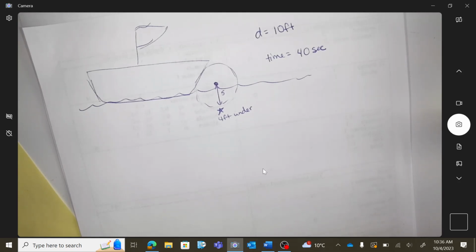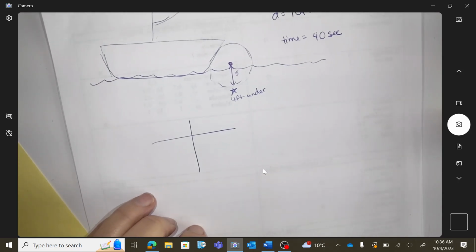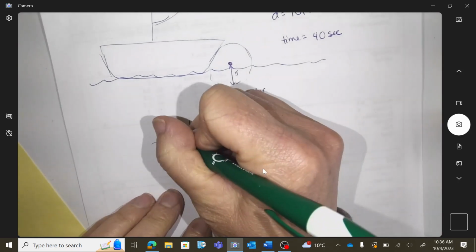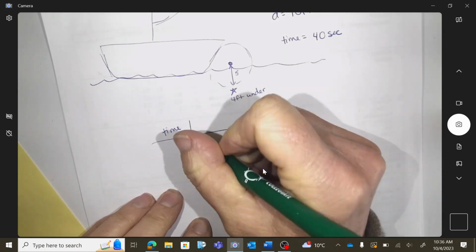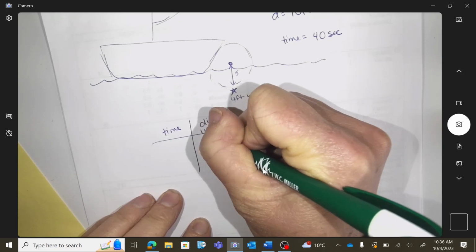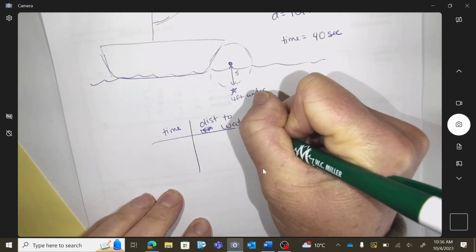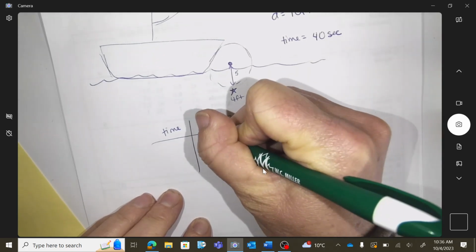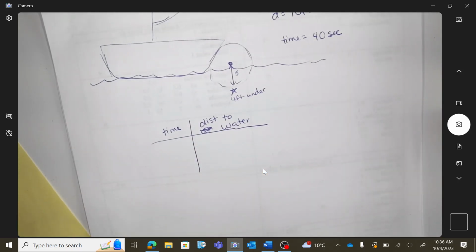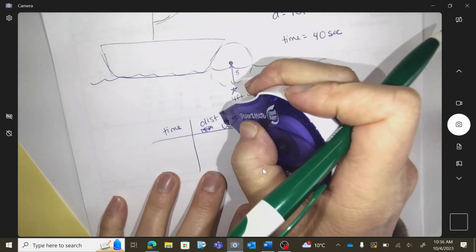Ready? Make me a chart. Here's my variables: the time and the distance to the water.